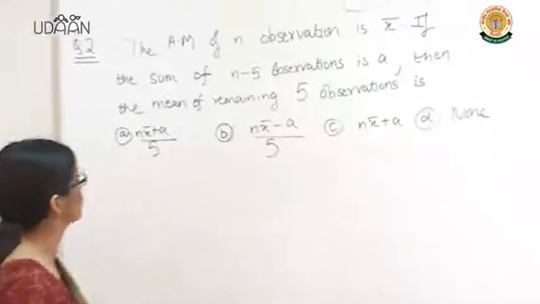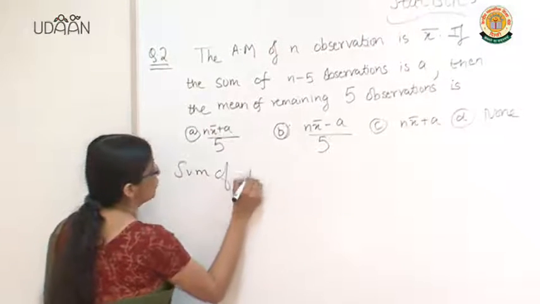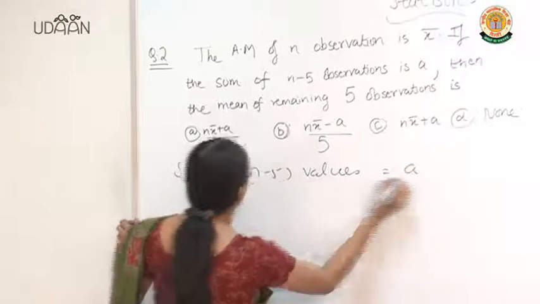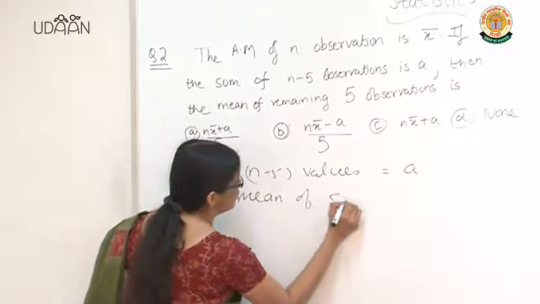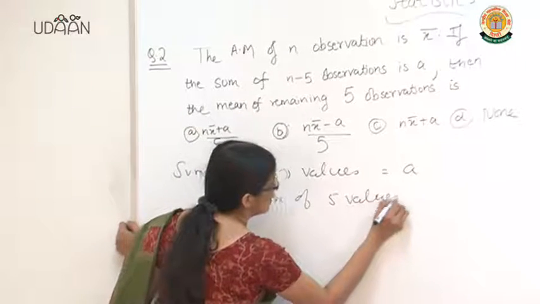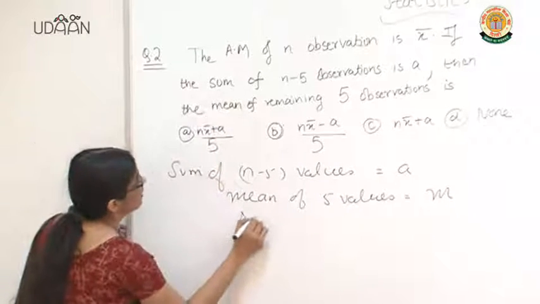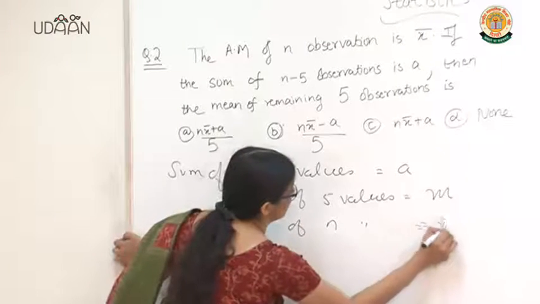Question number 2. Let us see what all things are given. Sum of n minus 5 values is given to be A. You have to find the mean of 5 values. So, let us take it to be m, and you are given the arithmetic mean of n values as x bar.